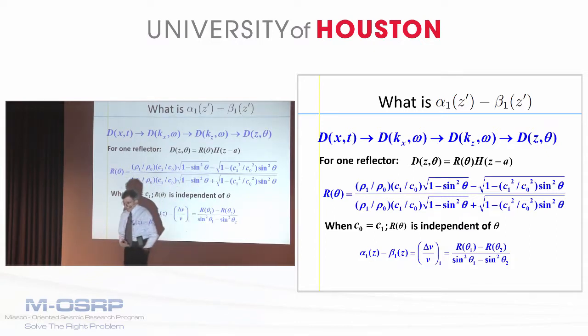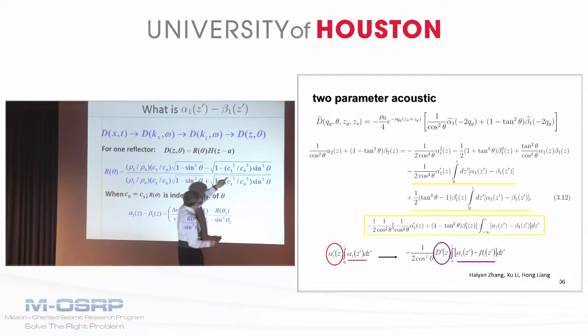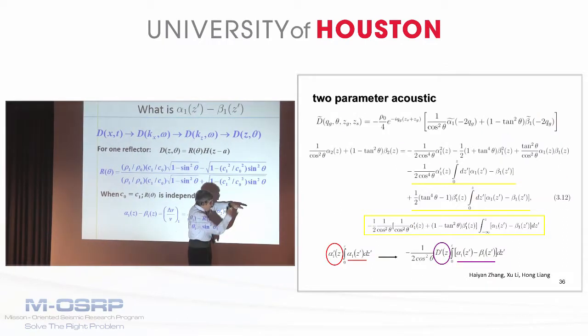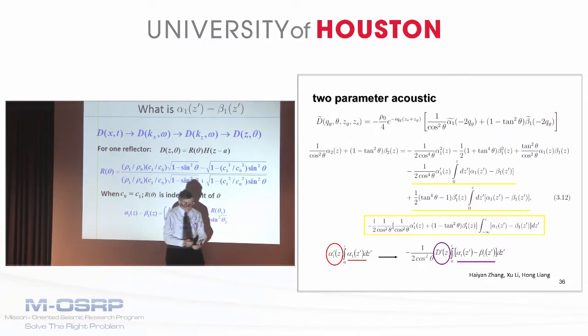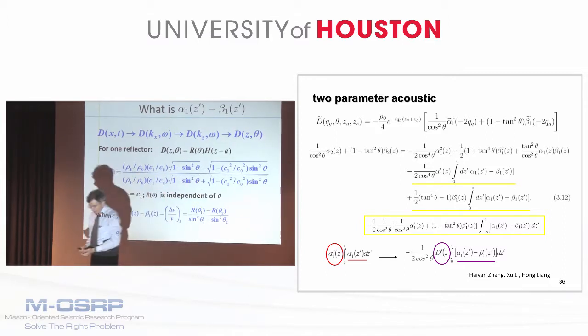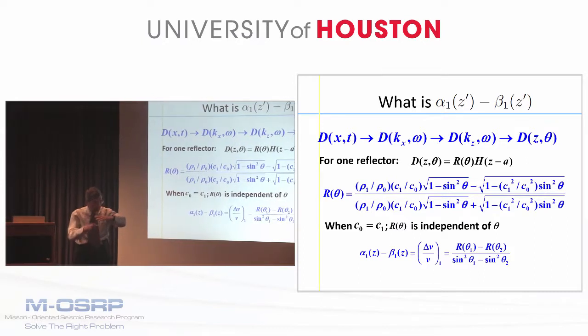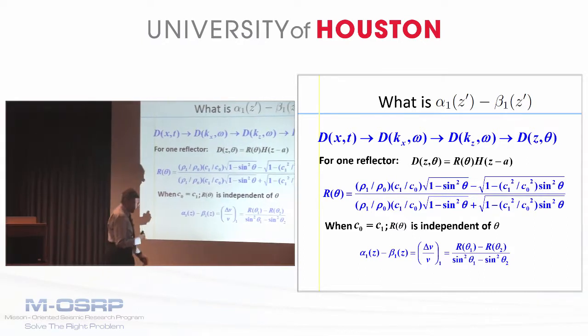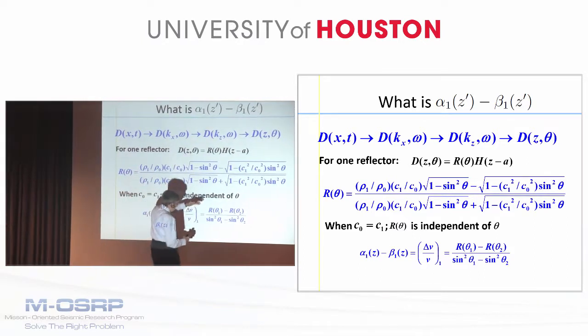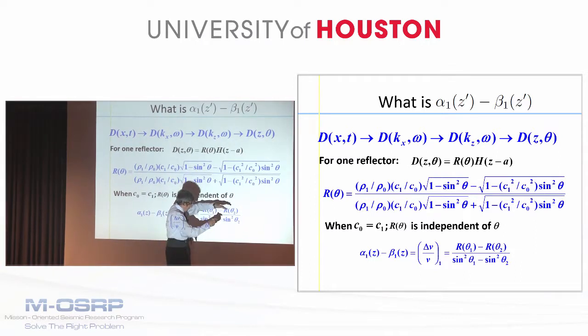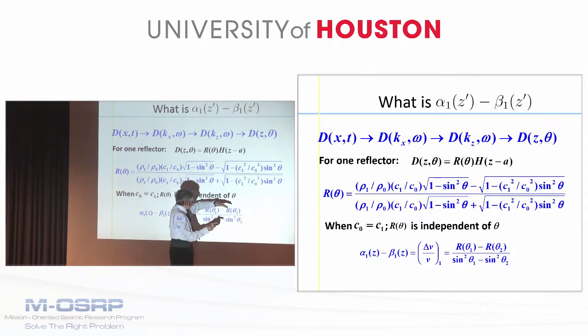That's not an approximation. If the velocity doesn't change across the boundary, yes? If C0 is C1, meaning density changed, but not velocity, yes? A density only change. Do you understand what I'm saying? Let's say density changed across this reflector, but not velocity.